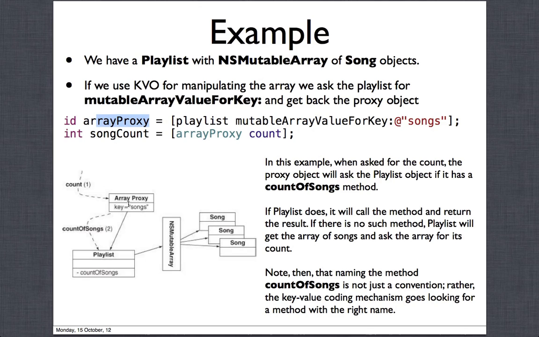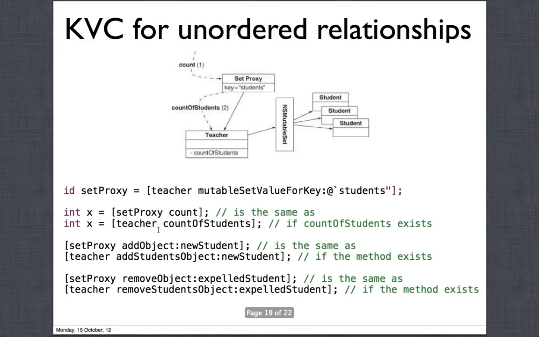We ask the proxy for count, and that will first check if the playlist has countOfSongs, because count is the name and songs is the name. We could, of course, call the playlist itself and ask it for countOfSongs. This is okay. And if it doesn't, then it will check the array of that name and ask that array for count. And exactly the same here.